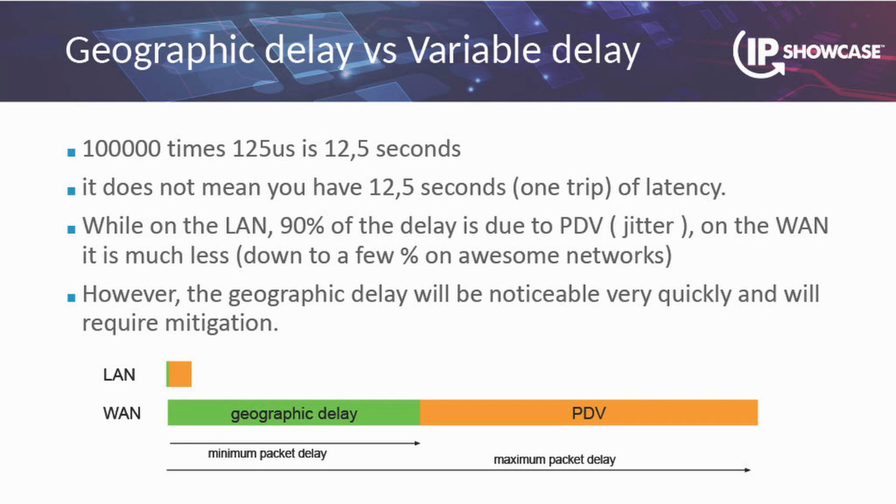So on the WAN, it's totally different. The geographic delay cannot be ignored. And depending on the efficiency of your connection, or on the performance of your WAN connection, you may experience that the packet delay variation is higher or lower than the actual geographical delay.